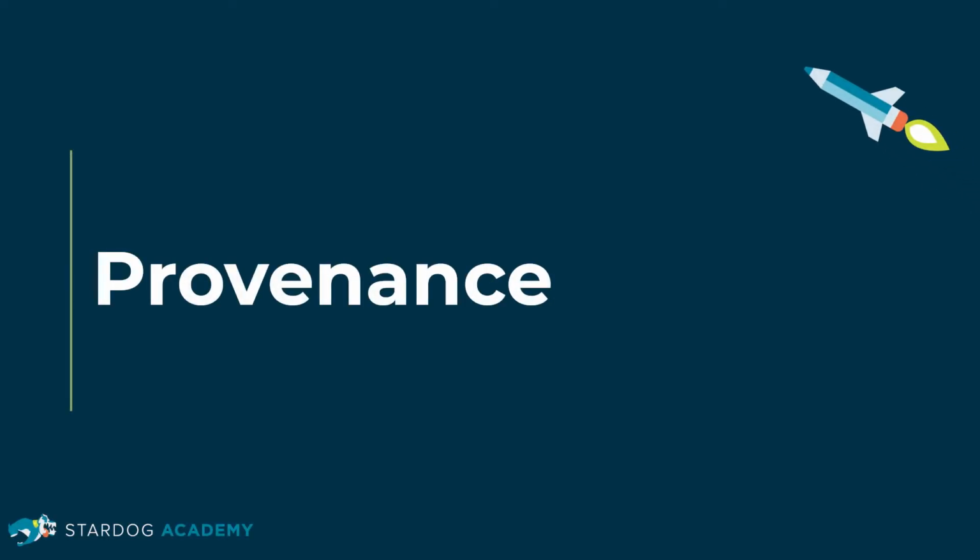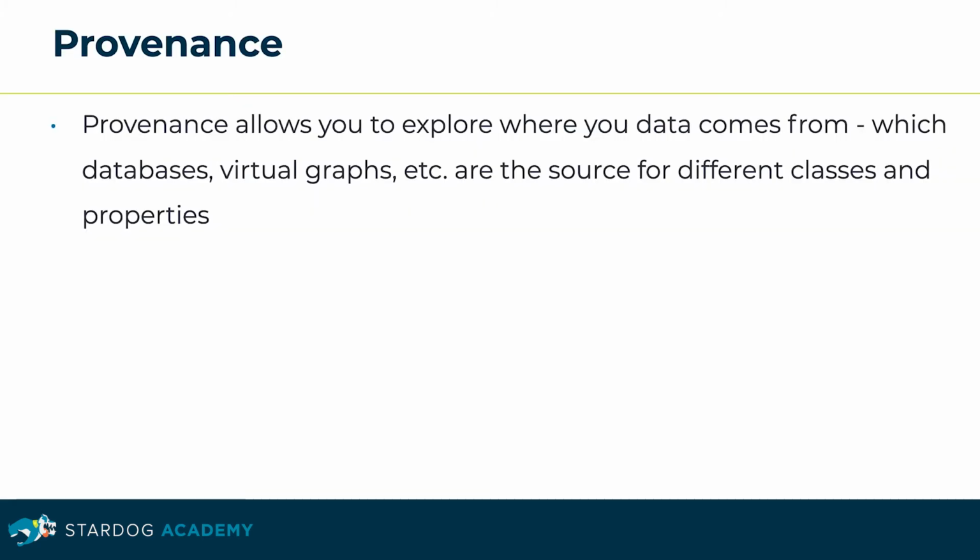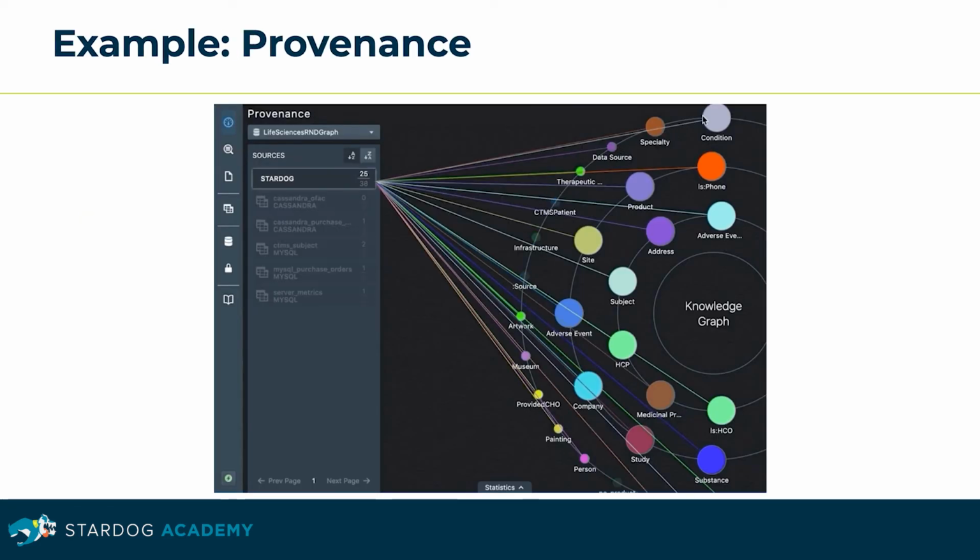This section is about provenance. Provenance allows you to explore where your data comes from, which databases or virtual graphs are the source for different classes and properties. Here we see a screenshot of the provenance feature of Stardog Studio.